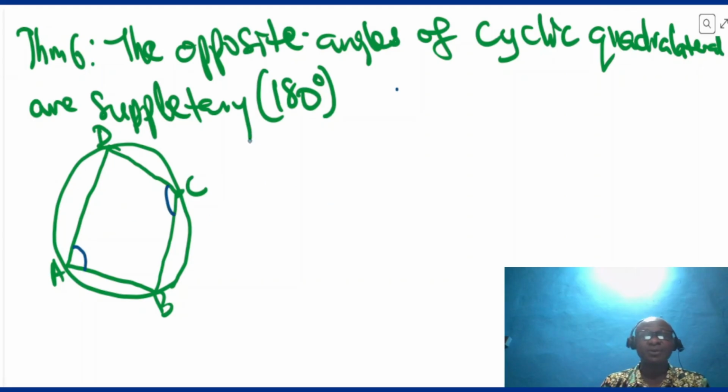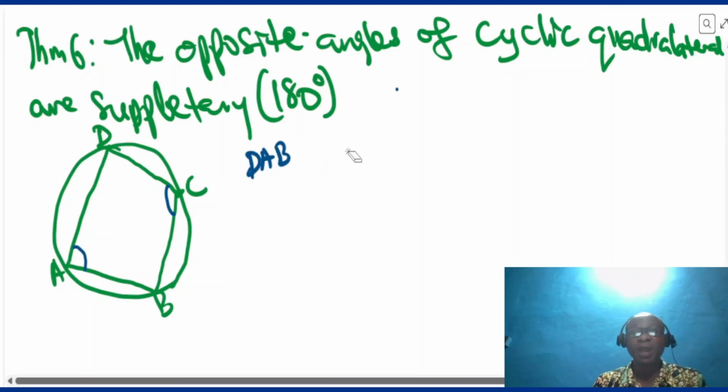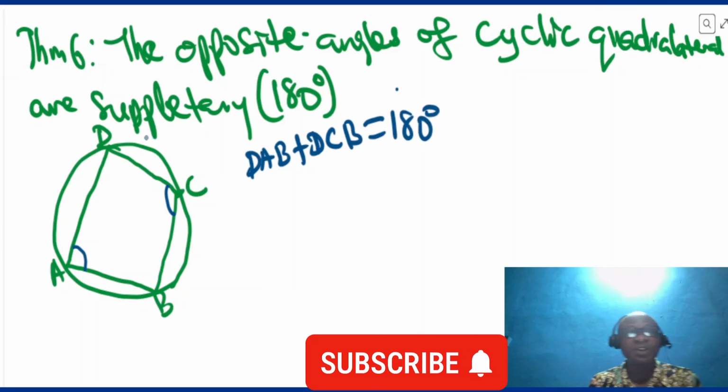So I can write for you DAB plus DCB is equal to 180. Now, what is the meaning of supplementary? Supplementary means when you add 2 angles and you get 180. Did you hear me? Yes, sir. When you add 2 angles and you get 180, the angles are called supplementary angles.